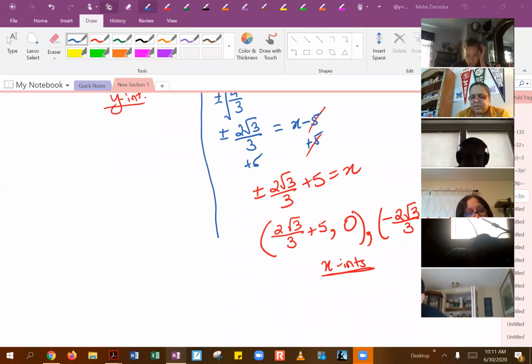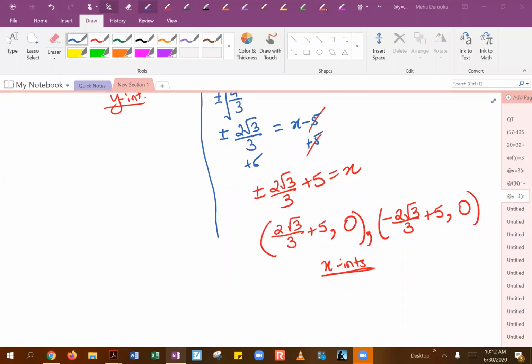Clinton, I got a different answer. Let me check my math again. Taking 2 times square root of 3, dividing it by 3, adding the 5. Yeah, I got positive 6.14154 something.